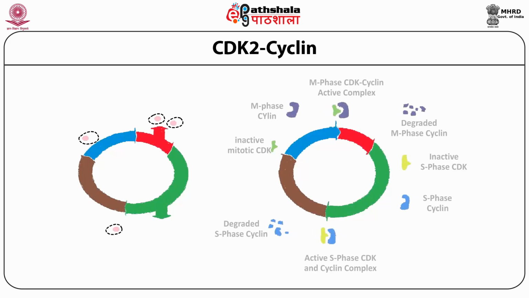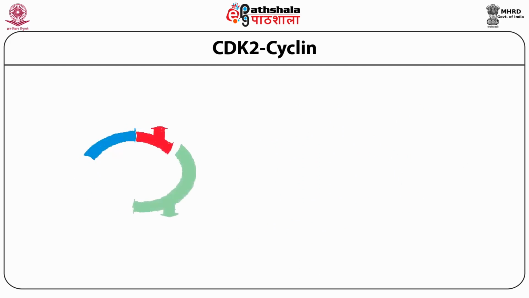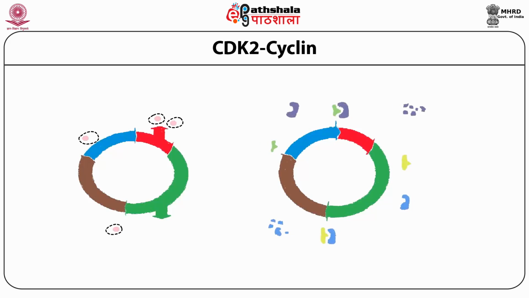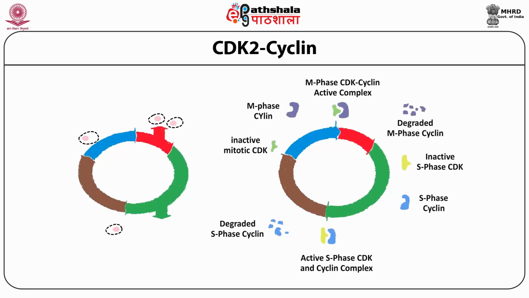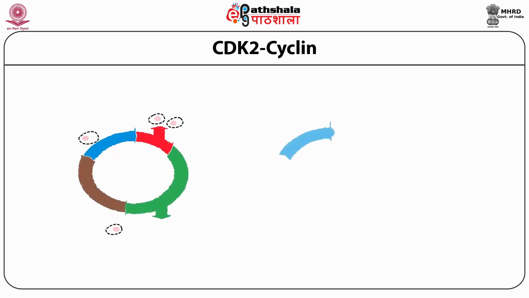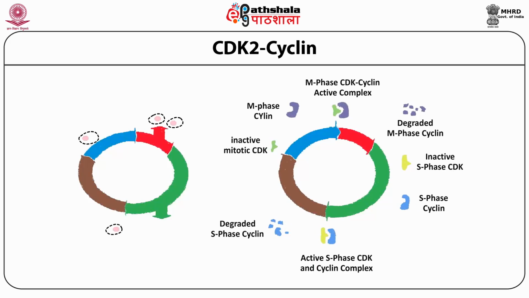Once the kinase is activated, it starts phosphorylating several proteins, indicating that it should now change the phase to S phase. So that's how it pushes the cell from G1 to S phase. Once it enters into the S phase, this complex is degraded.